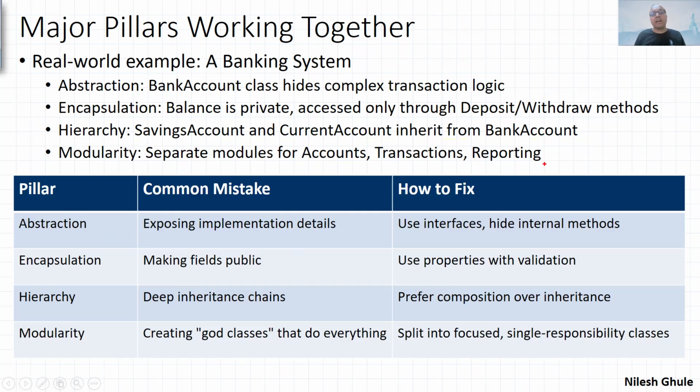Then you talk about hierarchy. If you are a beginner, there are likely chances that for every problem, you always look for inheritance. But please note that inheritance is not always the solution. You might want to go for inheritance, you might want to go for composition. Check what really fits: is-a or has-a.